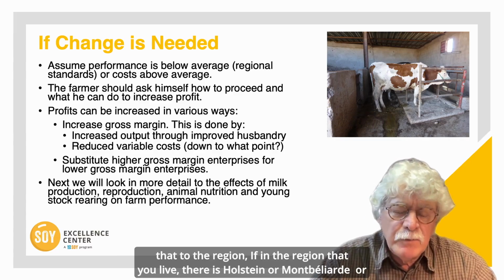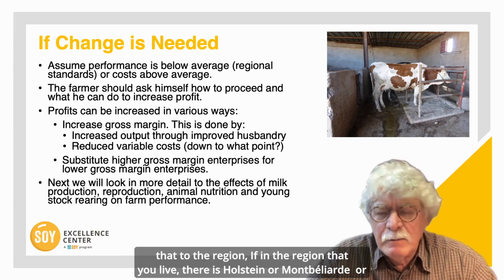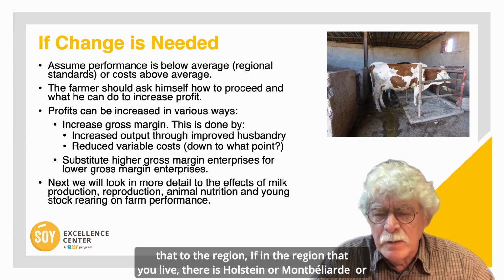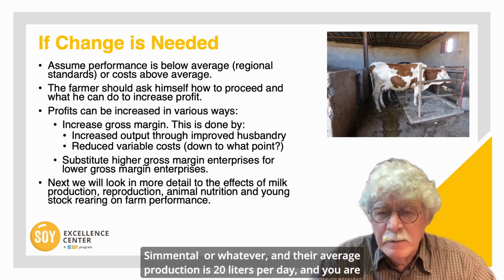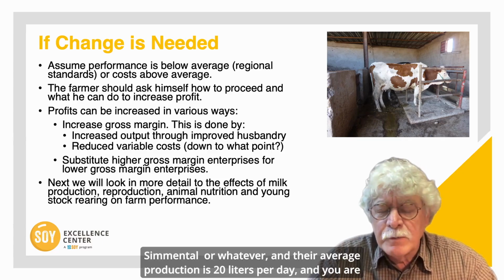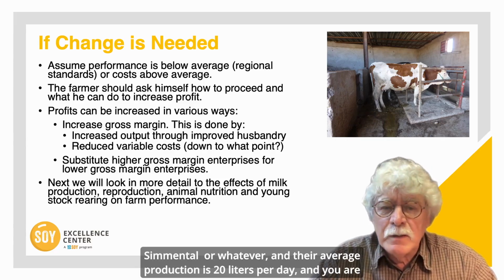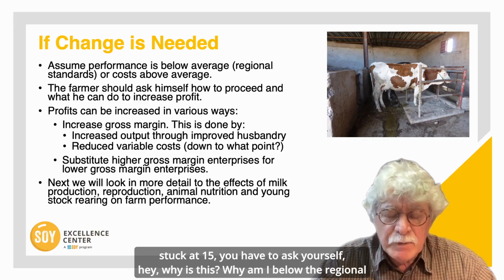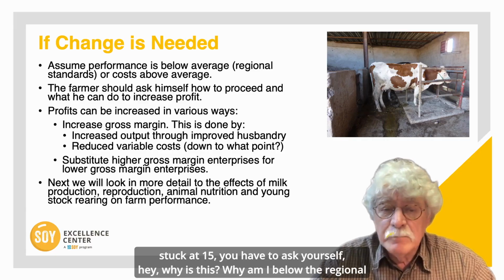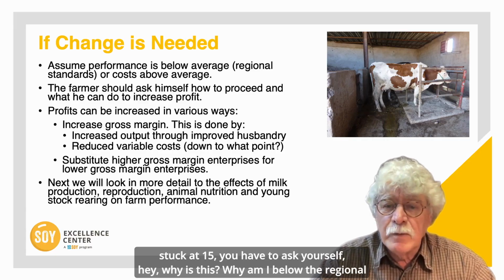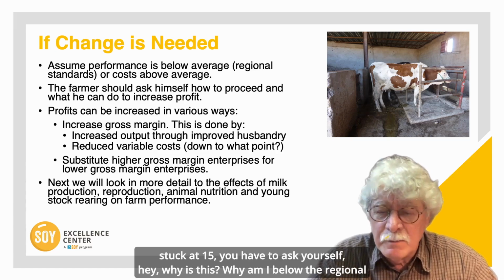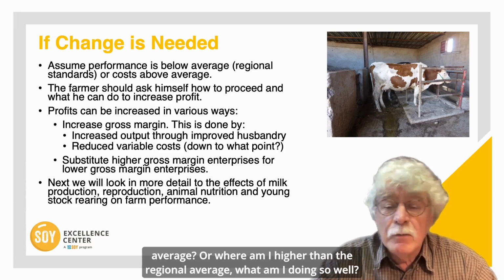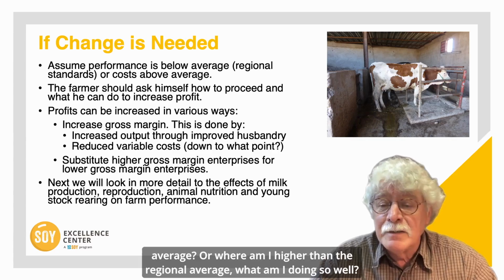If in a region that you live, there is Holstein or Montbéliard or Simmental or whatever, and their average production is 20 liters per day, and you're stuck at 15, you have to ask yourself, hey, why is this? Why am I below the regional average? Or why am I higher than the regional average?